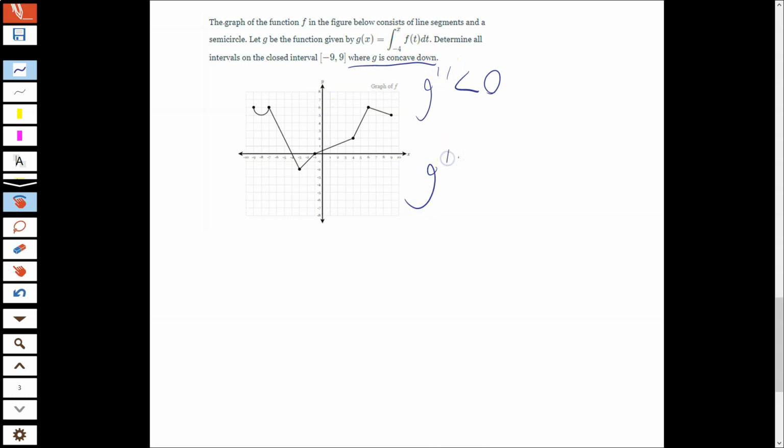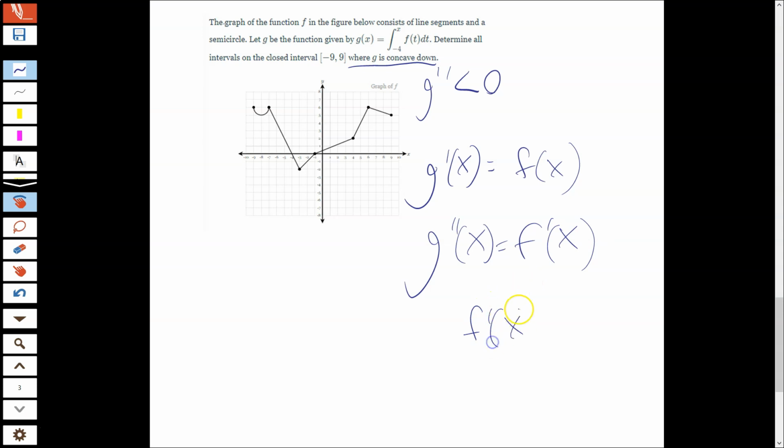So G prime of x would be, because this is an accumulation function, f of x. G double prime of x would be f prime of x. So we want f prime of x now to be less than 0.